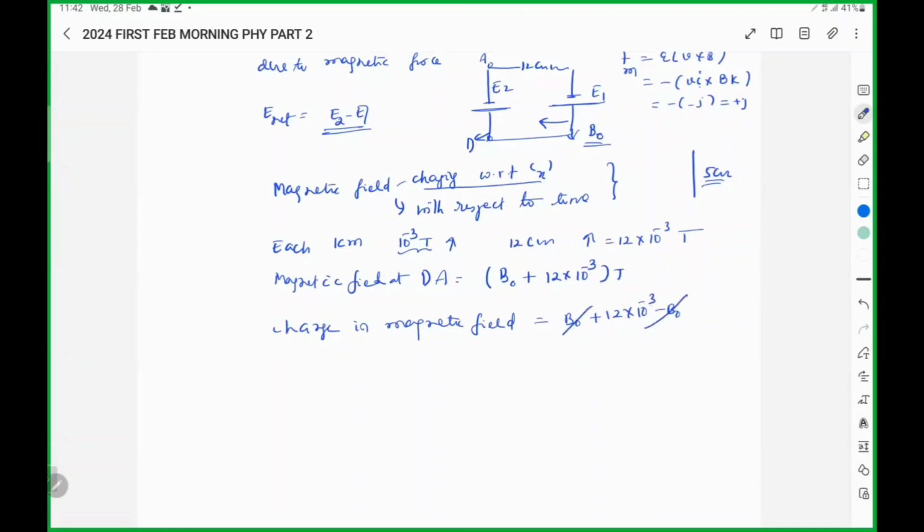Because of the change in magnetic field, EMF is induced.